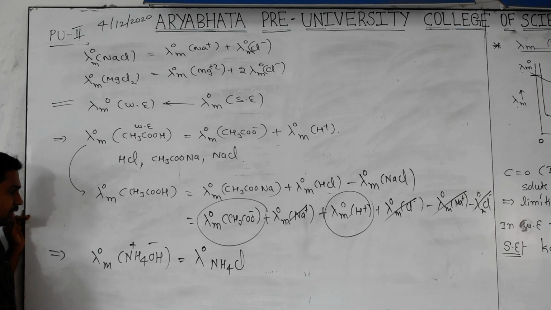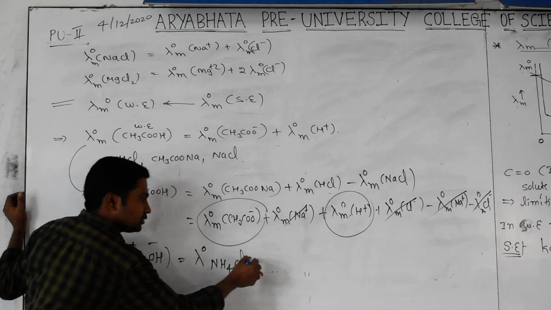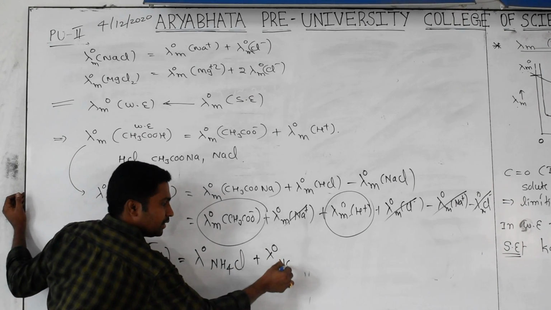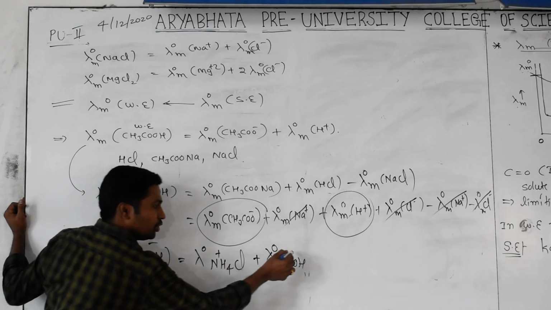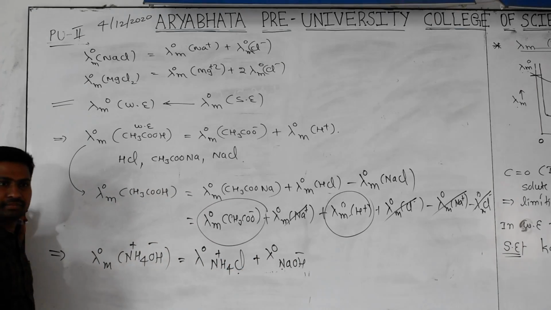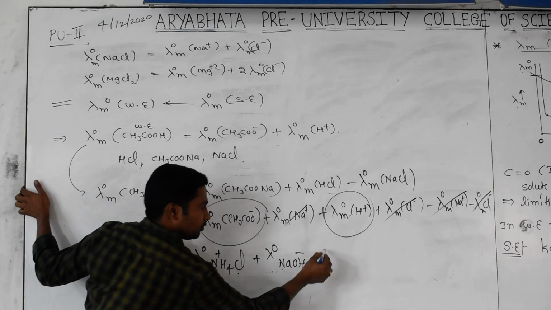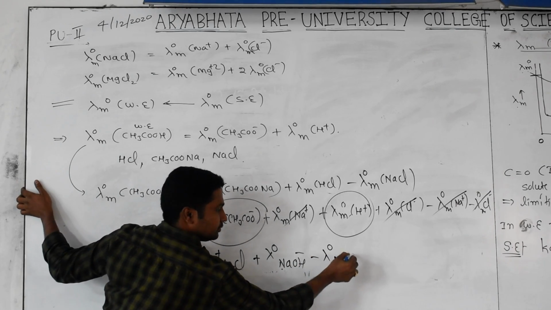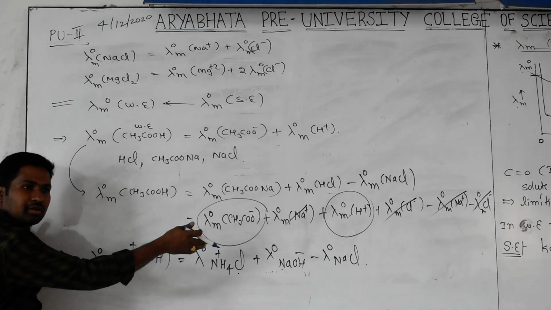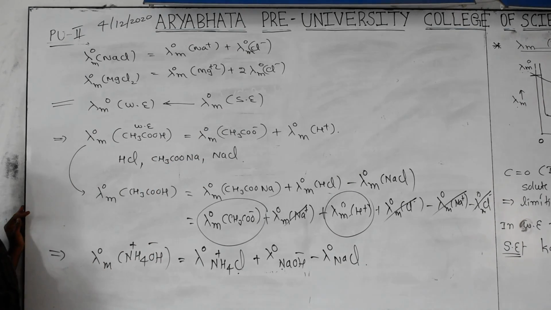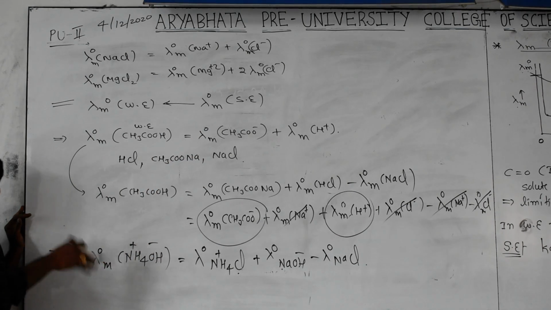Yes. Can we get OH minus from a strong electrolyte? Can I take? Yes, very good. Lambda naught of NaOH or KOH you can take. We want NH4 plus and OH minus. We don't want NaCl. Then minus lambda naught m of NaCl. Enough. These are all strong electrolytes. That information we know from the graph. We can substitute here. We are getting the weak electrolyte value.